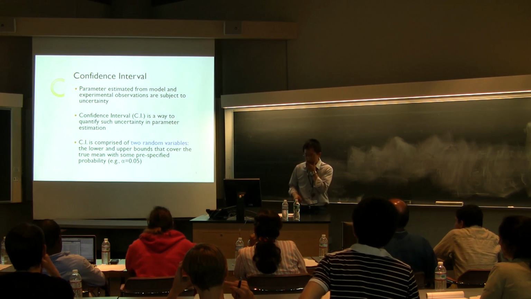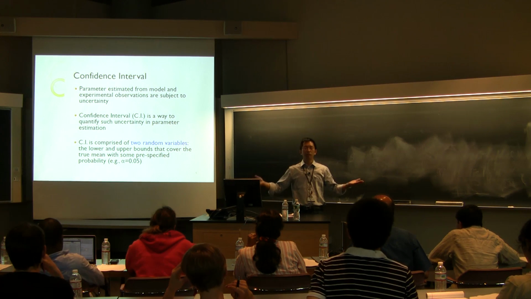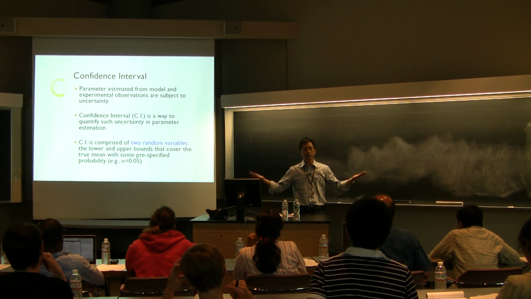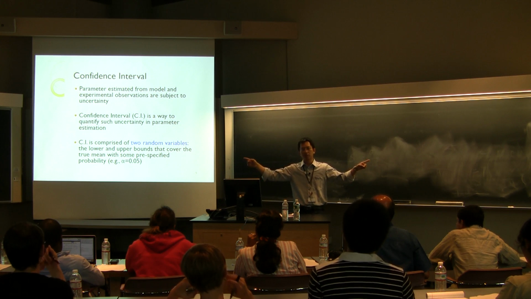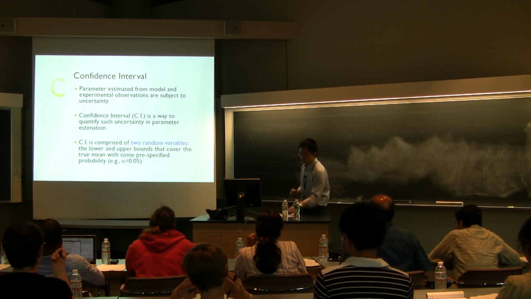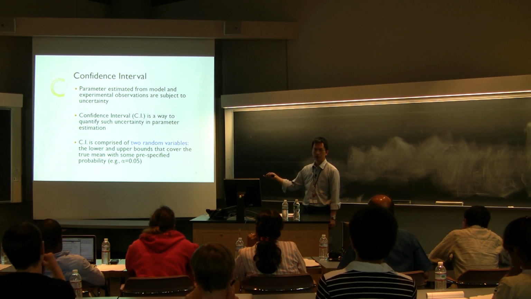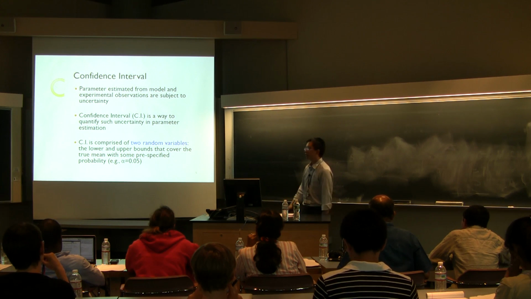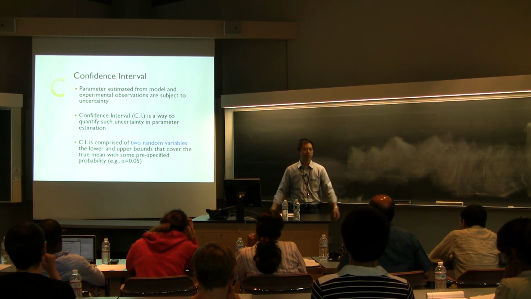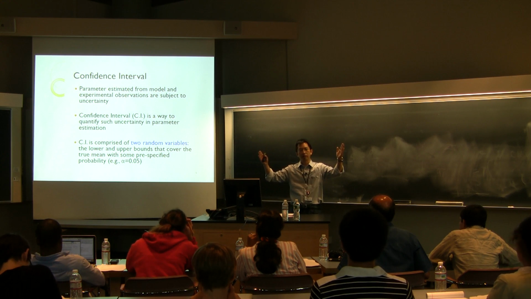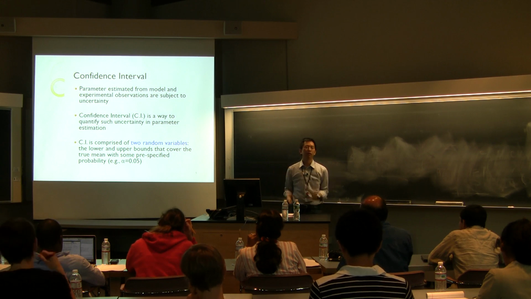Of course, you may ask whether we can find a counting rule that covers the true mean with 100% probability. Yes, there is such a counting rule, from negative infinity to positive infinity, but that's just trivial, okay? So what we usually do is give a significance level, which is also the type 1 error, 0.05. So we usually say that this interval has a 95% chance to cover the true mean, okay? That's the meaning of the confidence interval.